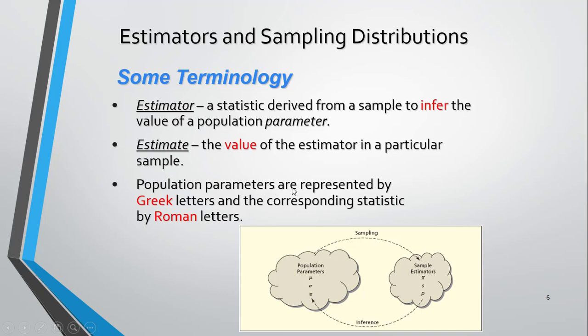Population parameters are represented by Greek letters like mu, sigma, and pi, while the corresponding statistics are represented by Roman letters X, S, and P. That's just the nomenclature we use. As soon as you see Greek letters, those are population parameters. When you see Roman letters, those are samples.